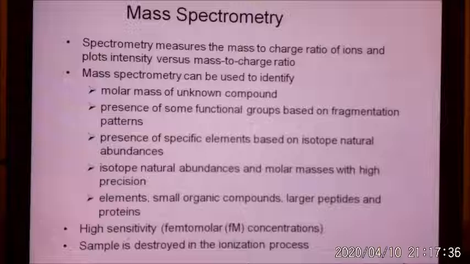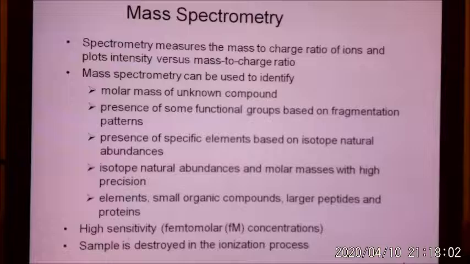Mass spectrometry is a very, very powerful tool. We can get the molar masses of unknown compounds in high resolution. If we do fragmentation studies, we can start determining structure, so we understand the functional groups that are present.